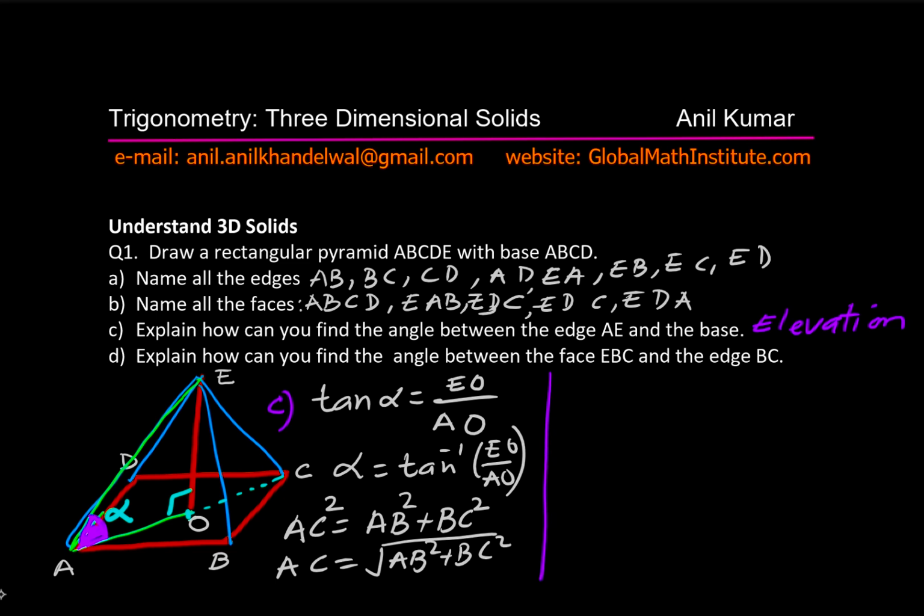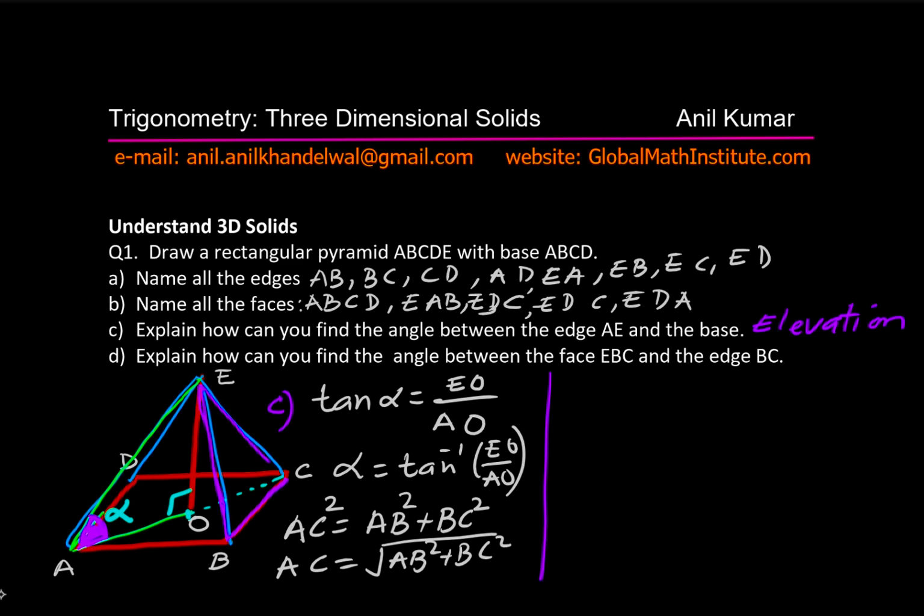Now let's look into part D, which is: explain how you can find the angle between the face and the edge BC. Now when we say base face and the edge BC, then BC is this particular edge. Is it clear to you, right? And that is the face we're talking about.